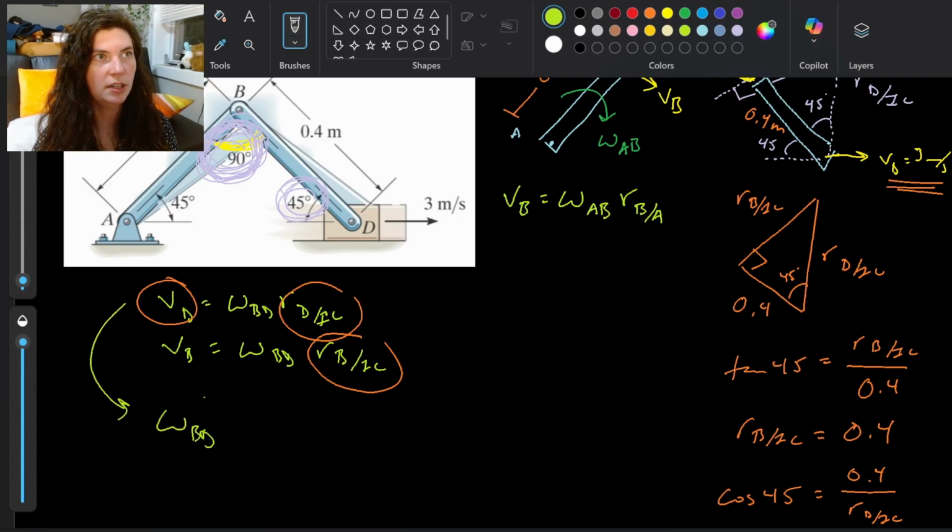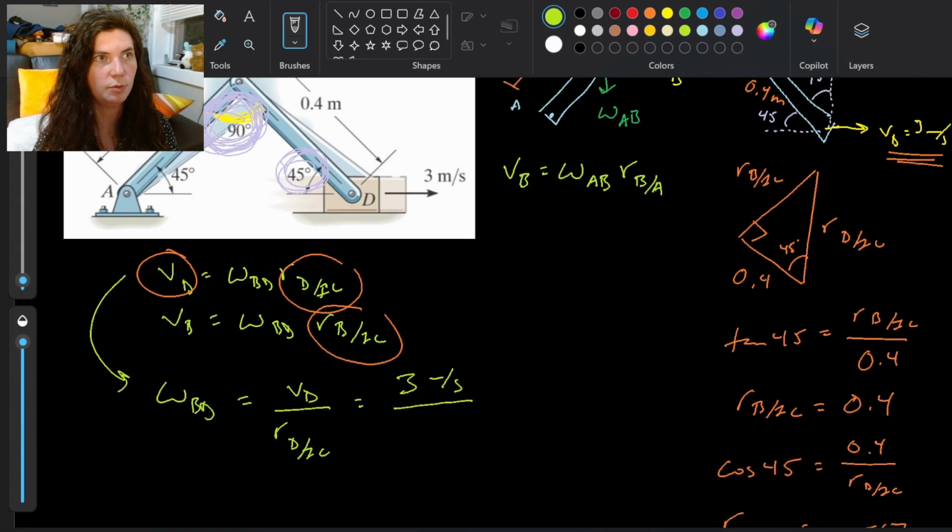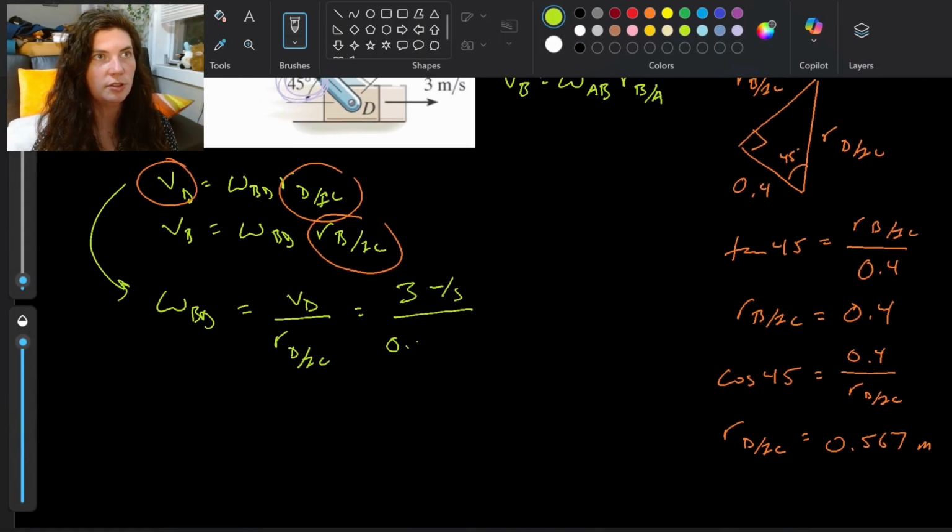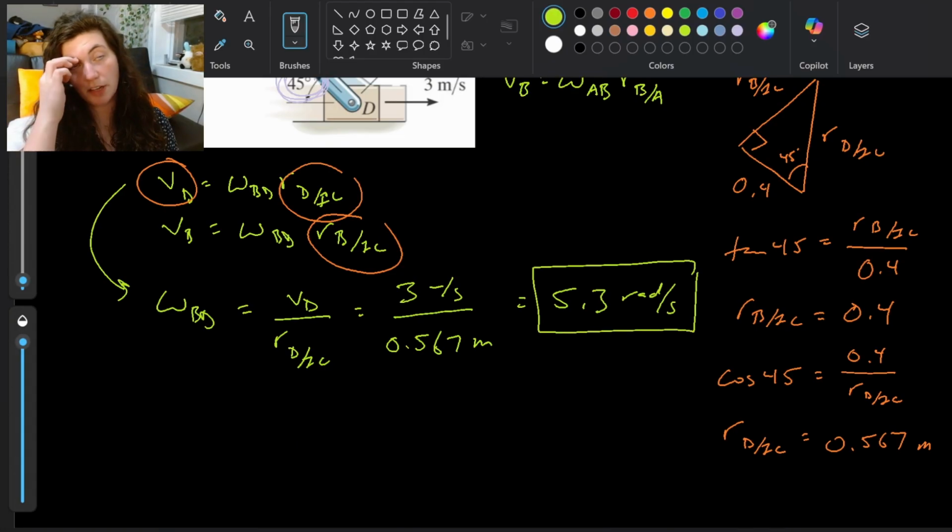Coming from this equation here, omega_BD is going to be V_D over R_D with respect to IC. V_D, we said, is 3 meters per second, and that R value we just found was 0.567 meters, and that's going to give me an omega_BD of 5.3 radians per second.